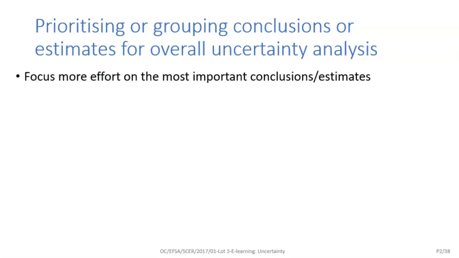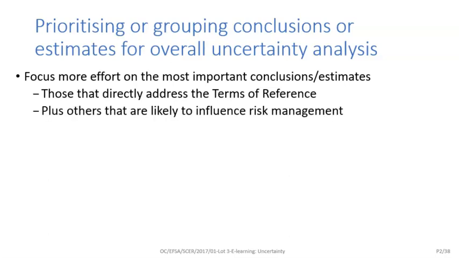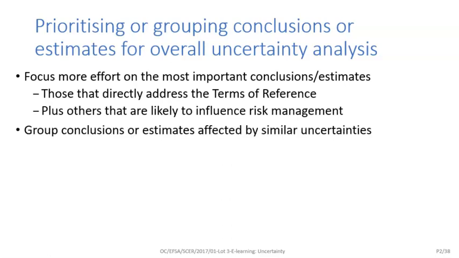The first option is to focus more effort on the most important conclusions or estimates. This means giving priority to those that directly address the terms of reference, plus others that are likely to influence risk management. The next option is to group conclusions or estimates affected by similar uncertainties.